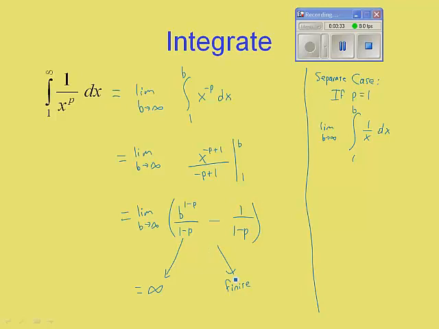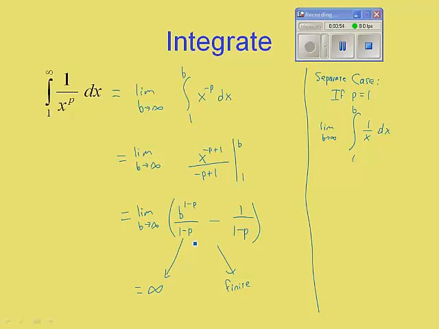Now, the case where we got something finite was when p equaled 2. Why was it that we got a finite number? P was bigger than 1, which means this exponent is negative, which means the thing is really in the denominator.